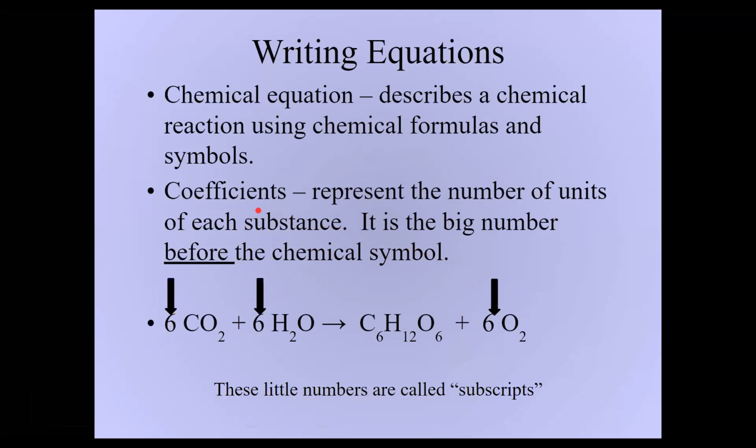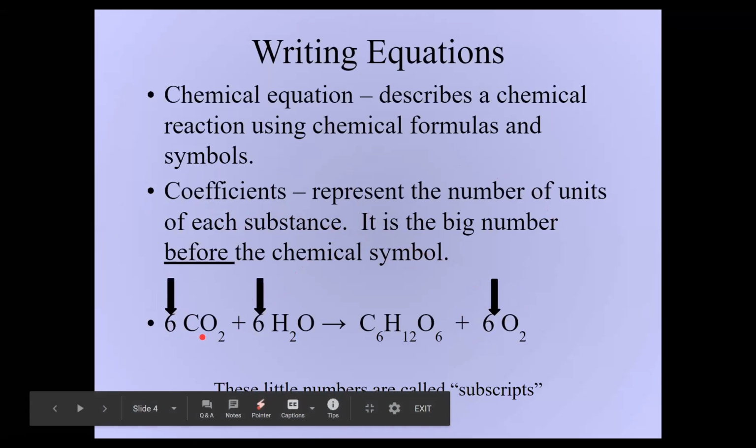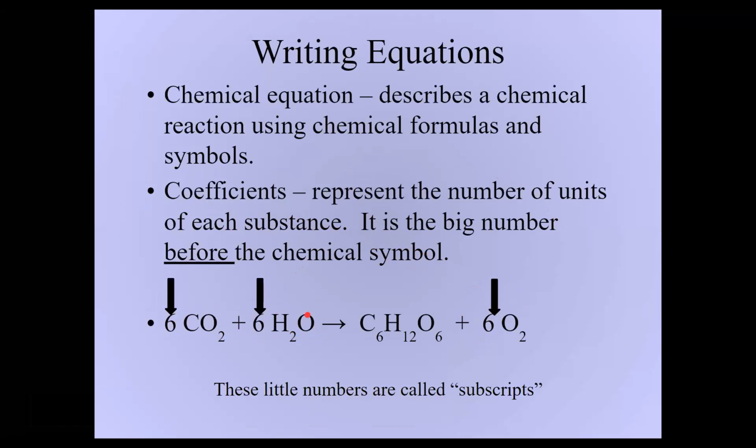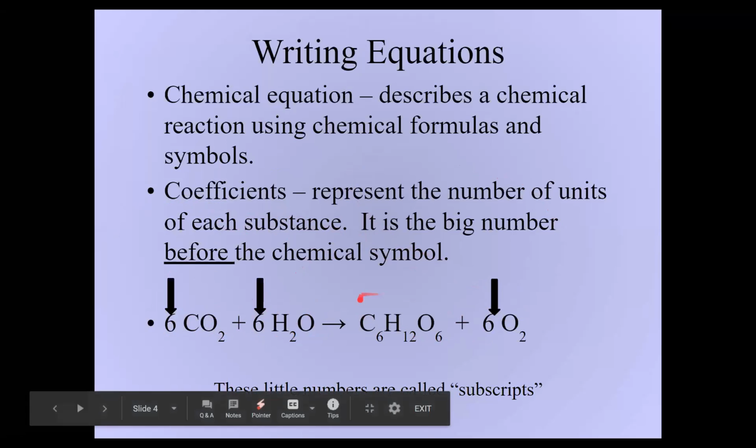Essentially, what they tell us is that in order to have our photosynthesis equation, we have 6 units of carbon dioxide, CO2. We have 6 units of water, H2O. And when they go through their chemical reaction in photosynthesis, that gives us a single unit of glucose, that's this big guy right here, and 6 units of oxygen.